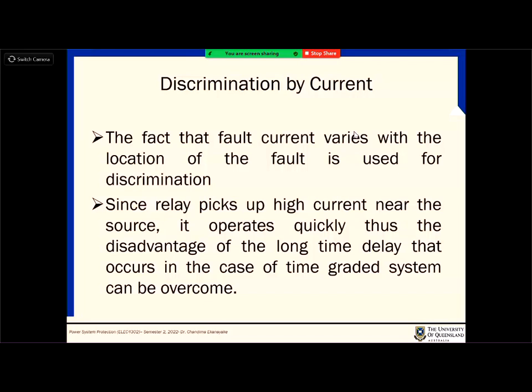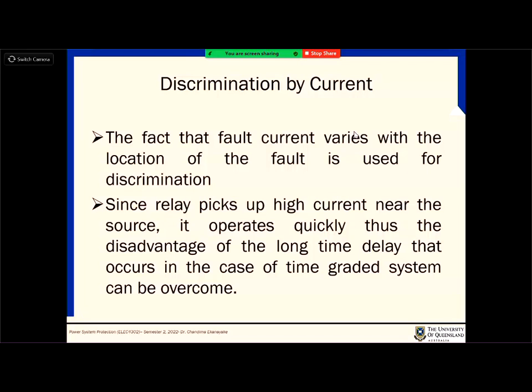Why does the fault current become smaller and smaller when you go away from the source? I said that the fault current is lowest further away from the source. What is the reason? Simple reason.